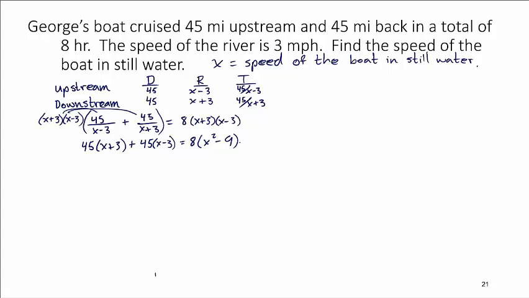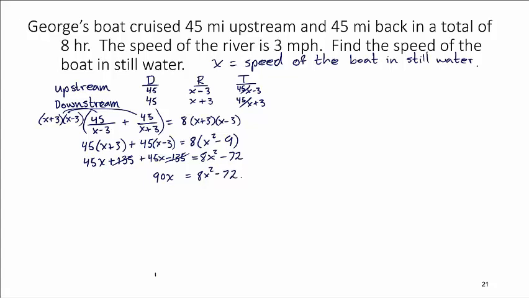Now I'm going to do a little distributing. So 45x plus 45 times 3 is 135, plus 45x minus 135 equal to 8x squared minus 8 times 9 is 72. On the left-hand side, 135 minus 135 goes away. 45x and 45x is 90x equal to 8x squared minus 72.